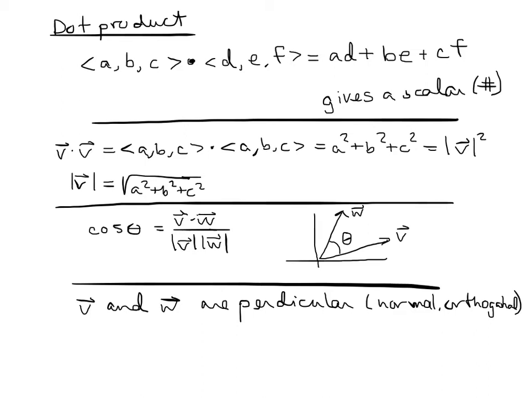So V and W are orthogonal vectors if and only if the dot product of V and W is equal to 0. Right, this is an important one. We're going to use this one quite a little bit. So V and W are perpendicular if and only if their dot product is 0, meaning if the dot product's 0, they're perpendicular, or if we know they're perpendicular, their dot product is going to be 0.